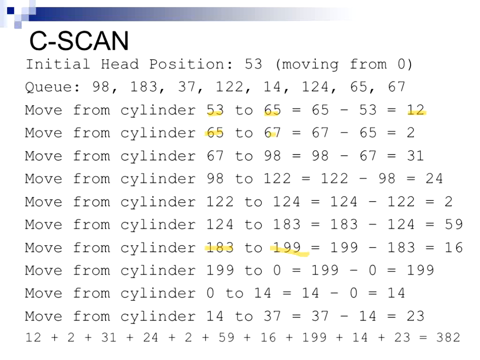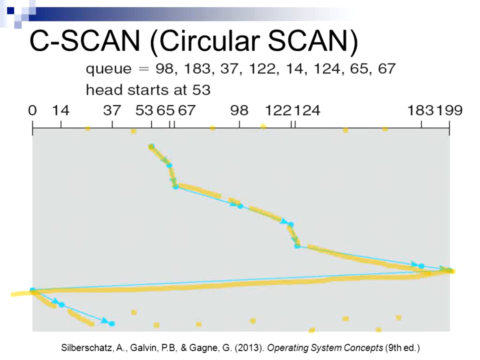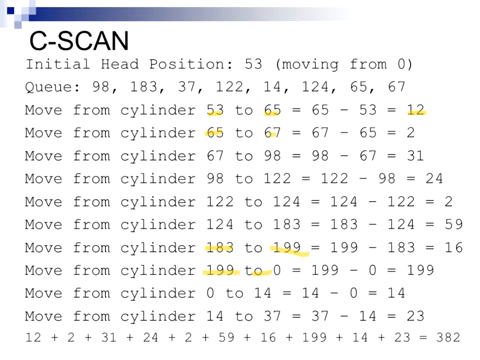And then we have to calculate to go all the way from 199 back to 0. I'm just going to flip back here a second. So we went all the way to the end, and then we need to go all the way back to the beginning. So when we go through these calculations, you just calculate all these distances, and then you add it all up. And in this case, I came up with a number of 382.